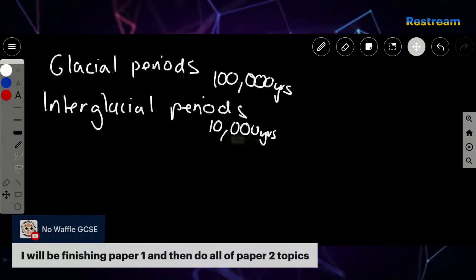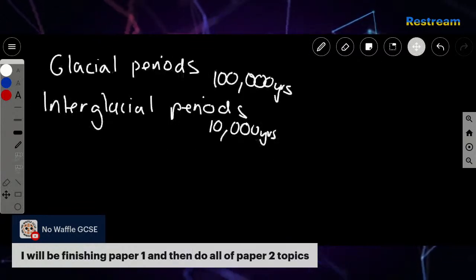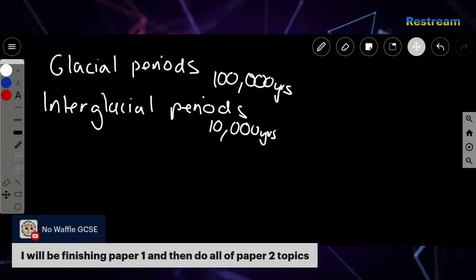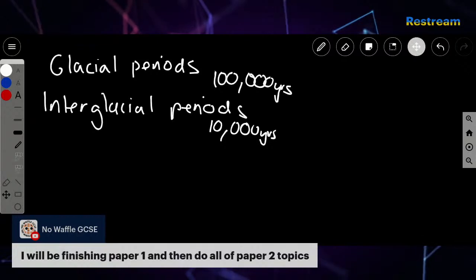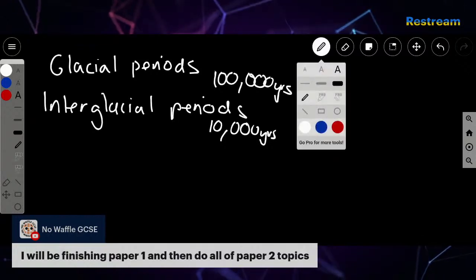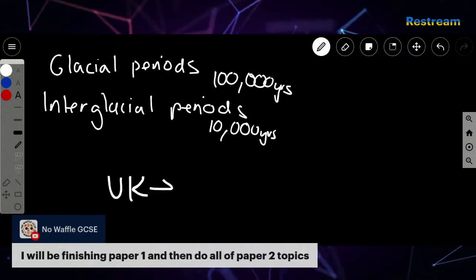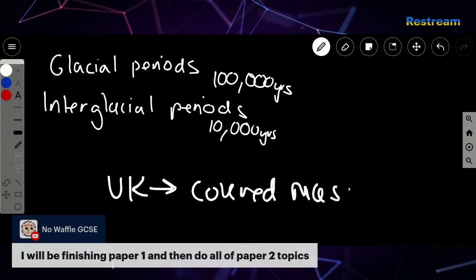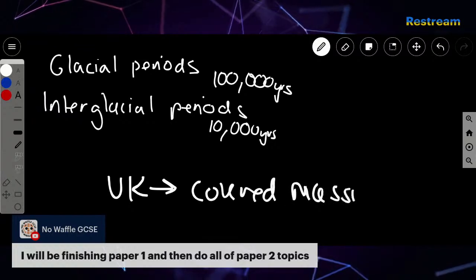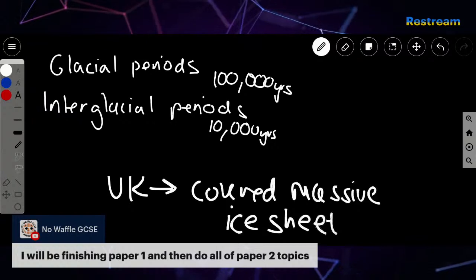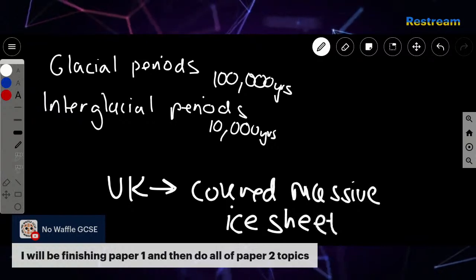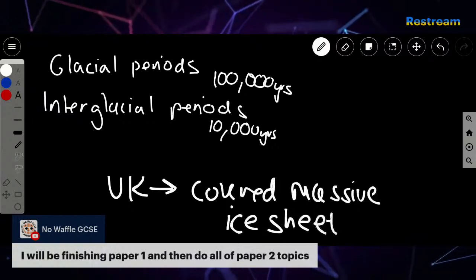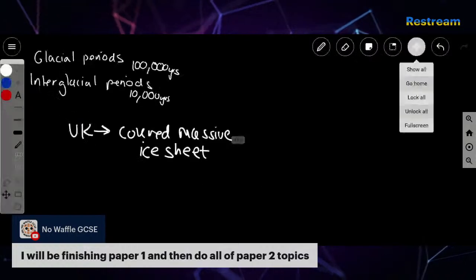During the glacial periods, a lot of the UK itself was covered in a massive ice sheet. Think 2.6 million years, because it was very much colder and not habitable by human beings.